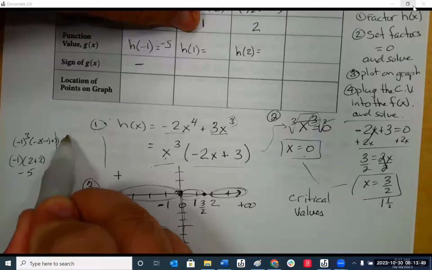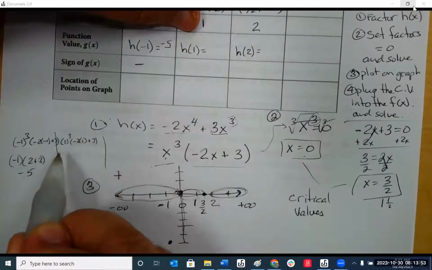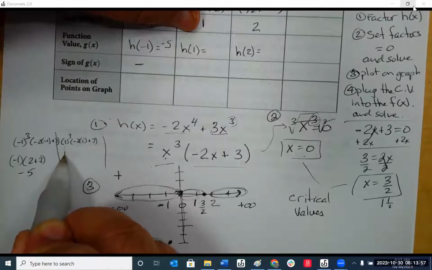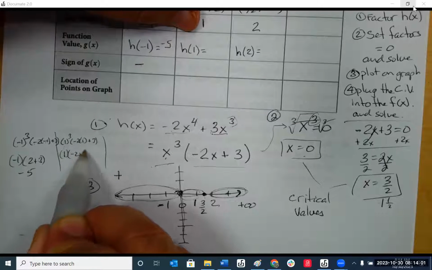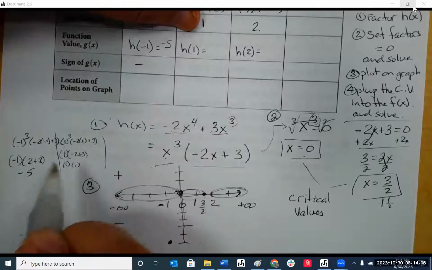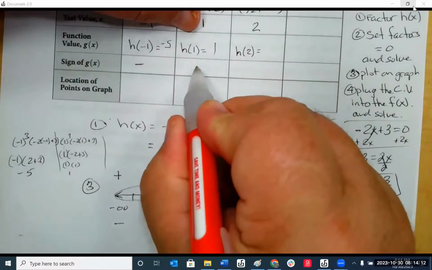We have 1 cubed, -2 times 1 plus 3. So 1 cubed is 1. -2 plus 3 is 1. So the answer is 1. It's positive.